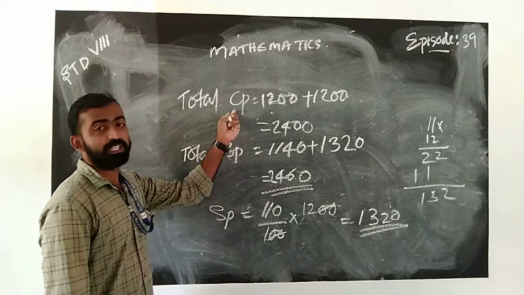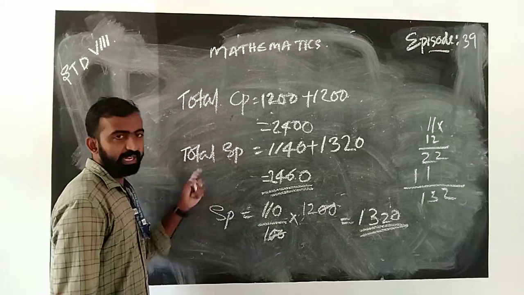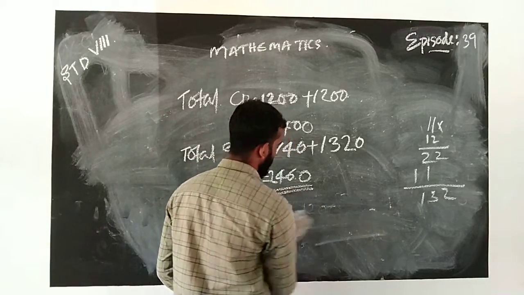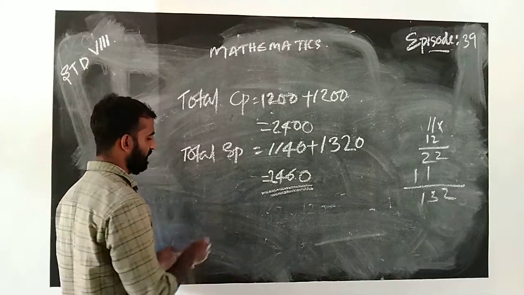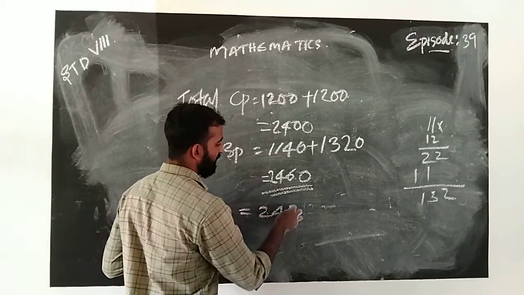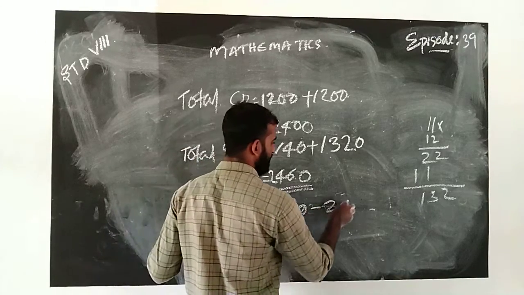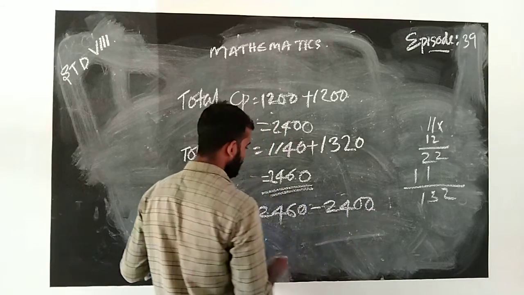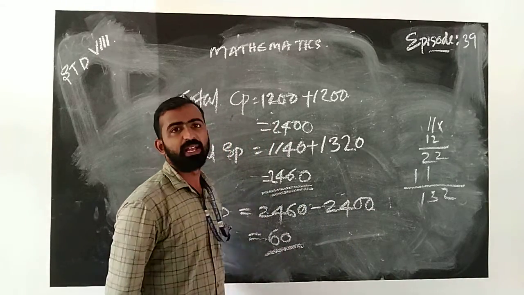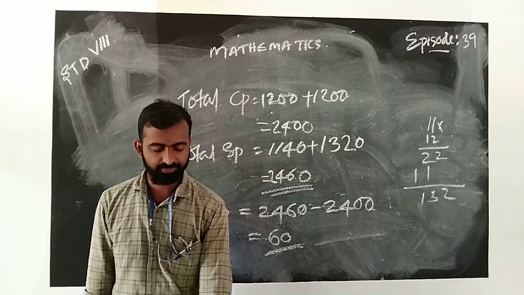Here CP is less than SP, so she gets a profit equal to 2460 minus 2400, which is 60 rupees as profit. Is it? Yes.